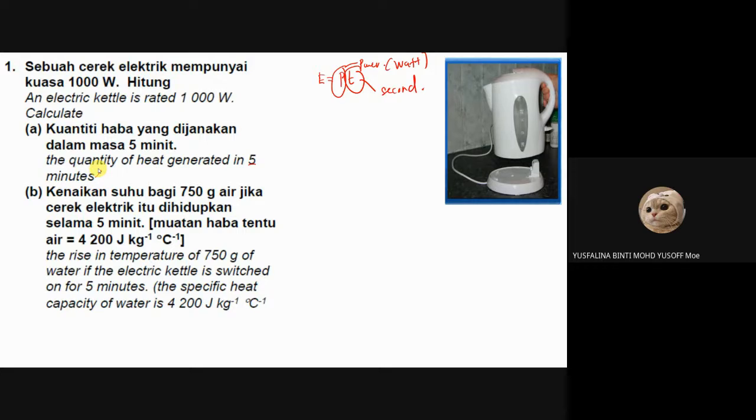Okay, did you finish it? Eugene for 1A, and for 1B, Lakshmi.